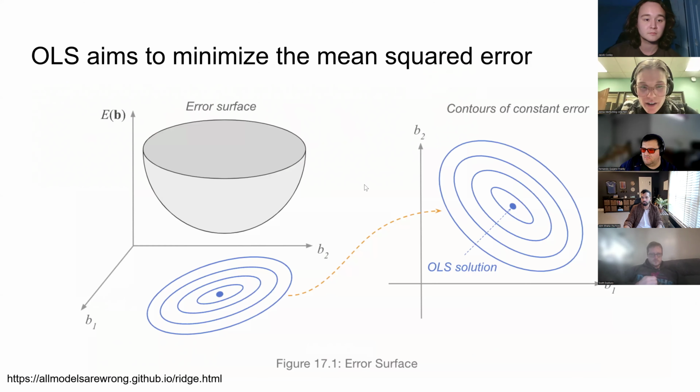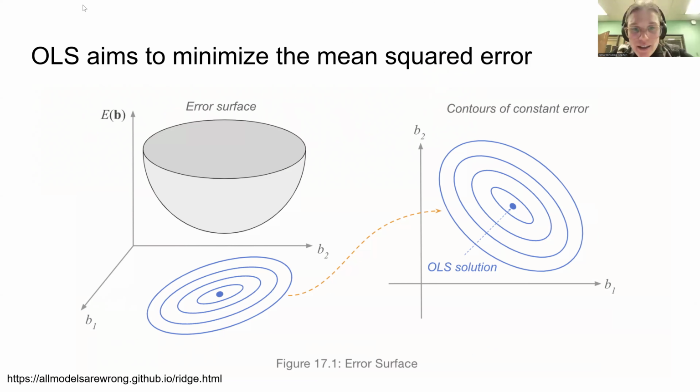So one way of looking at this is geometrically, which I found very interesting. What we can see on the left-hand side here is our error surface that least squares tries to find the minimum of, right? So it tries to minimize that mean squared error.